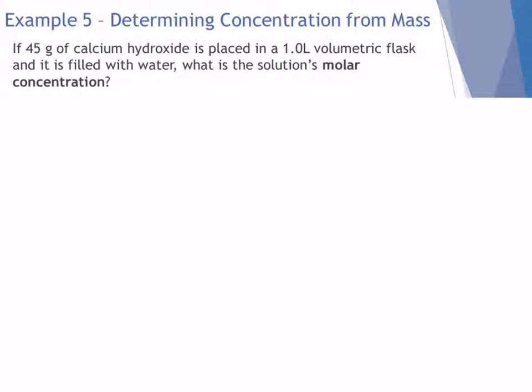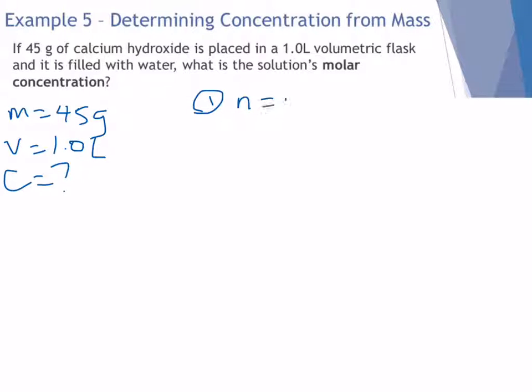In our last example, we're told we're starting with 45 grams of calcium hydroxide, so that's a mass, and it's placed in a 1 liter volumetric flask, and it's filled with water. What is the solution's molar concentration? So we need to find moles, but this time we're going to be finding moles by doing the mass divided by the molar mass.